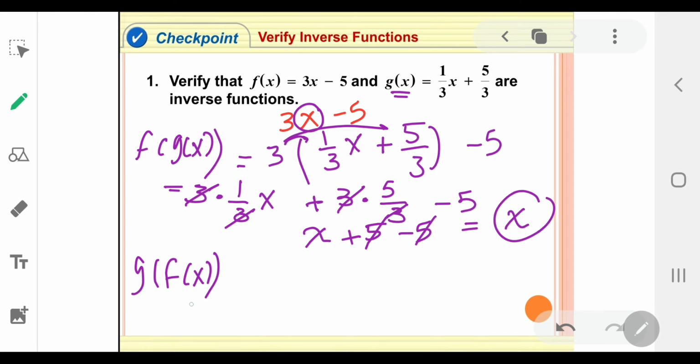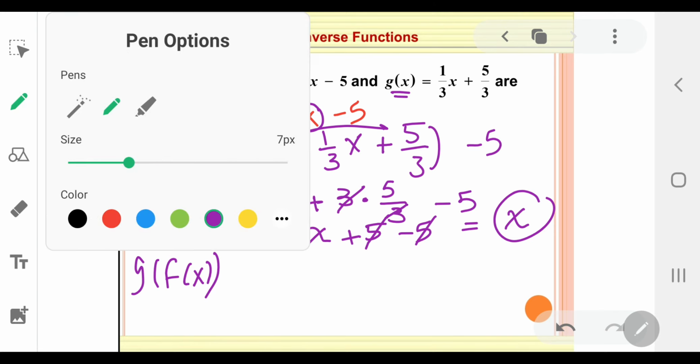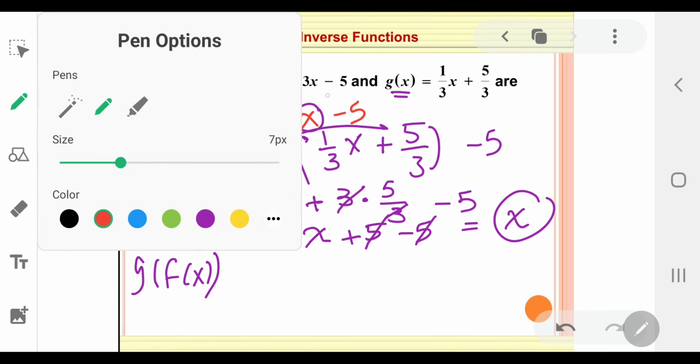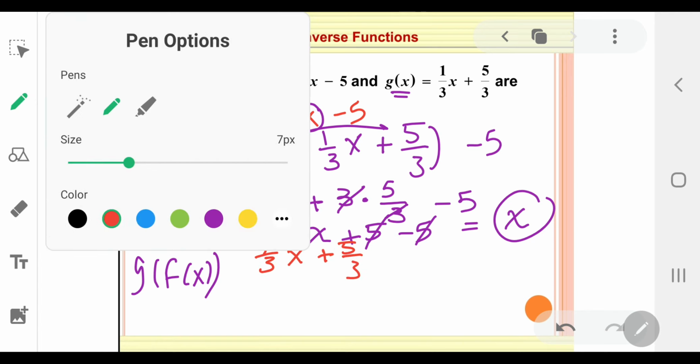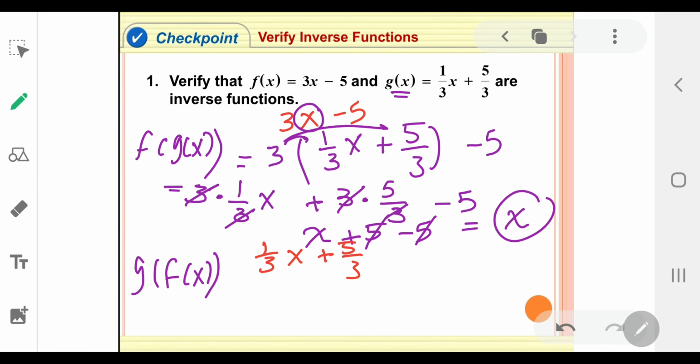Now, you plug f into g. Again, I will write g, which is 1/3 x plus 5 over 3. And in this case, this x will be replaced by f of x. I will start substituting each x by f of x. So 1/3, and this x is replaced by (3x minus 5) plus 5 over 3.